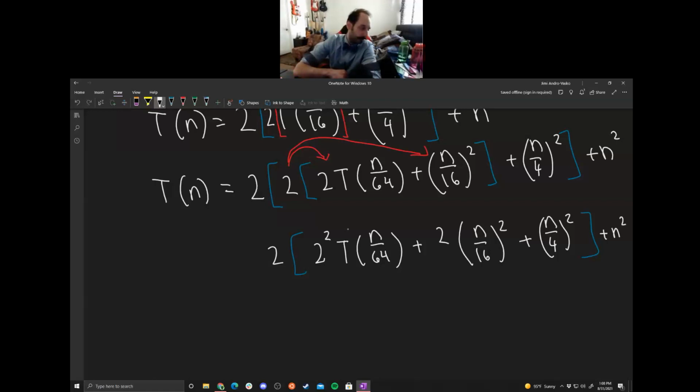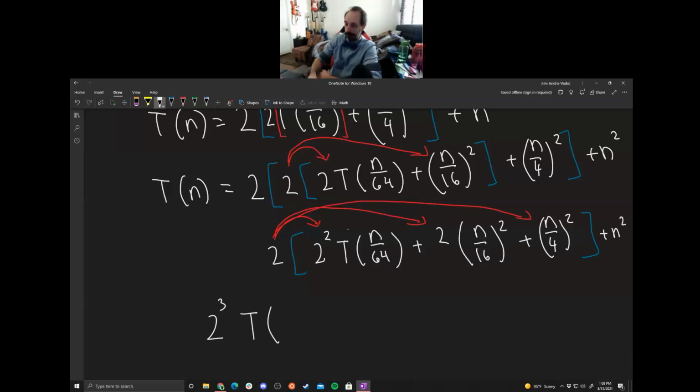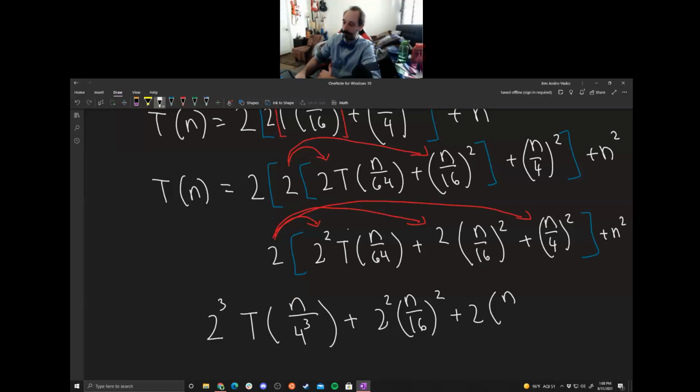So we have this scenario. Now we have to, again, distribute this 2 to all of these terms. So you end up getting, I'm going to shift this a little bit here, 2 to the power 3 T of n over, let me make this simple, 4 to the power 3, plus 2 squared n over 16 squared plus 2 n over 4 squared plus n squared.